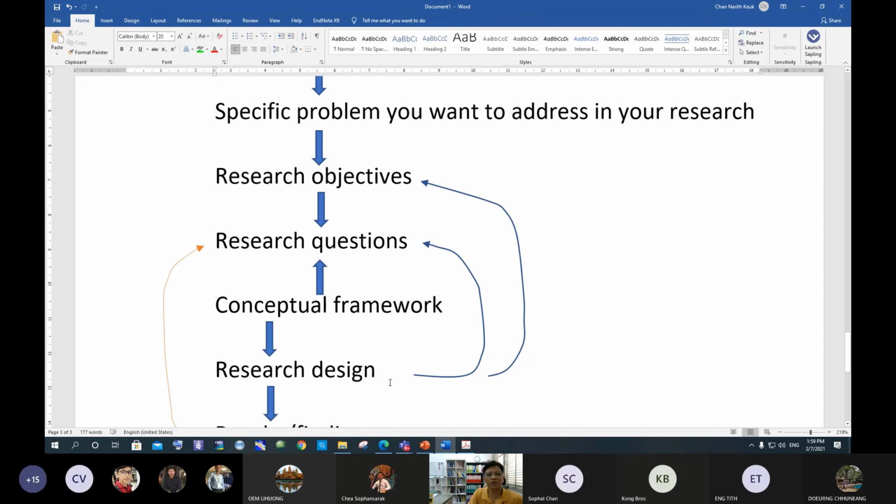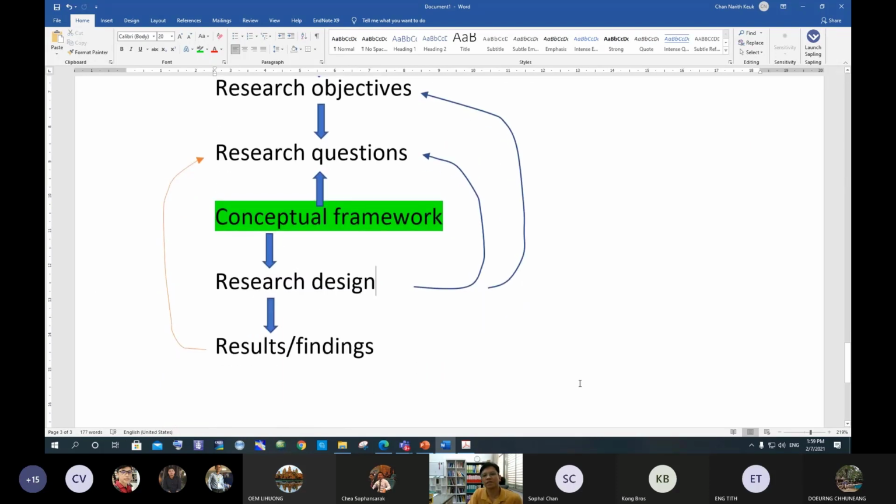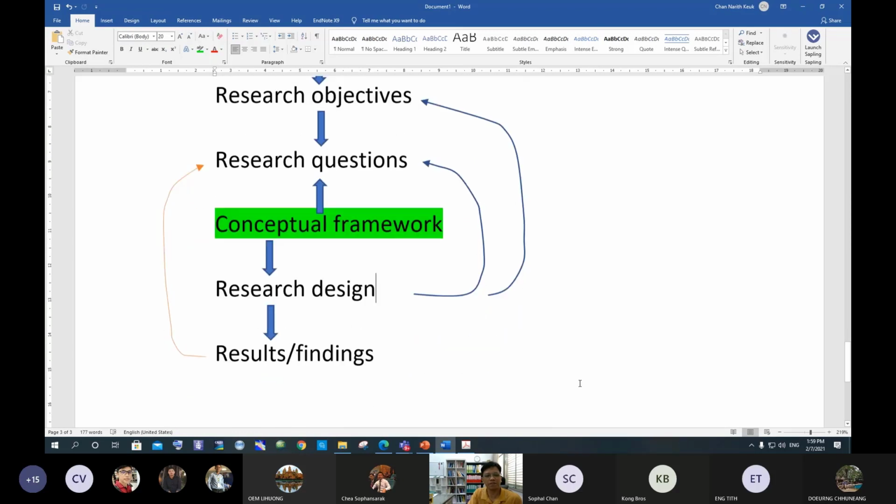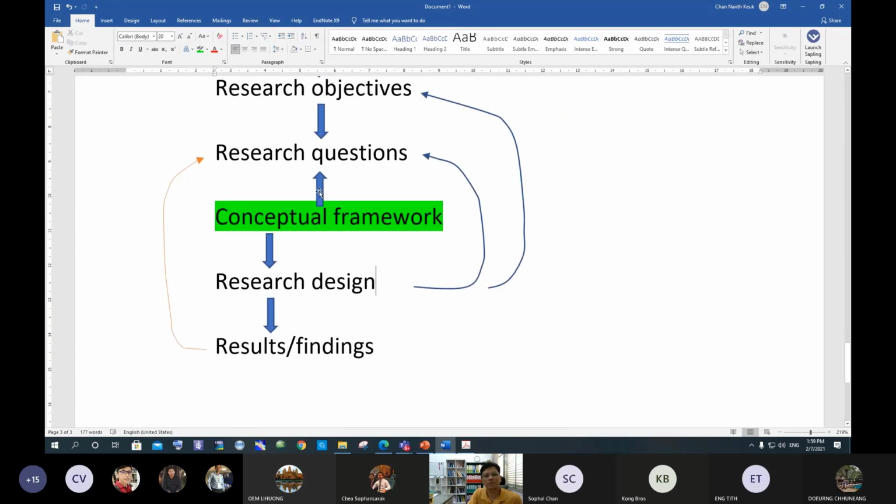So the conceptual framework is very important now. It's a central point. Okay, next question, please.